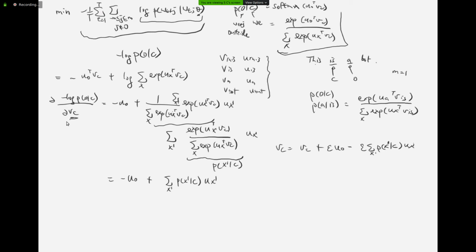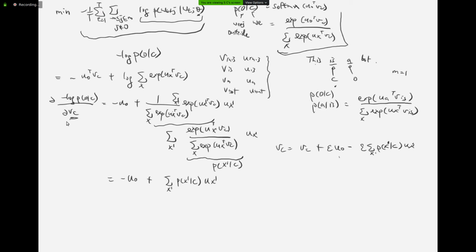Something I'd like to comment on is that this expression is quite intuitive. The update rule is saying that if I have a center word C and I observe an outer word O, I will make the word vector VC for my center word more like my outside word. So I add a fraction of UO to my current center word representation.